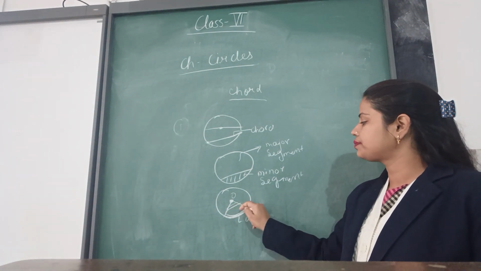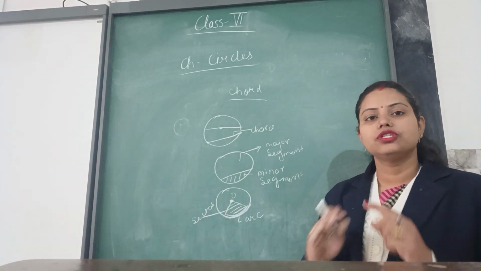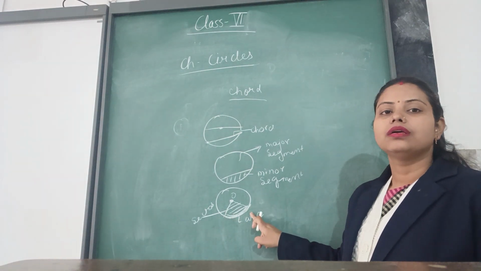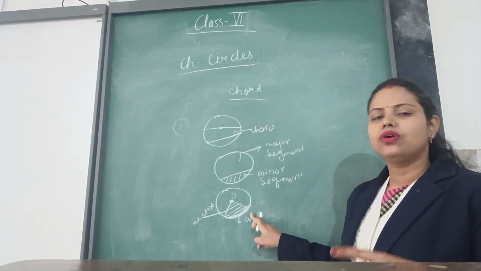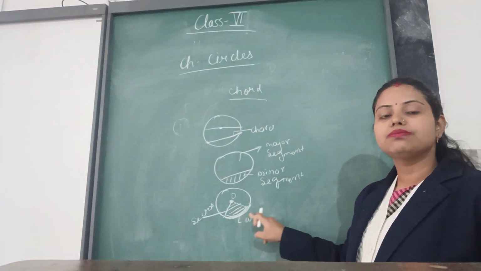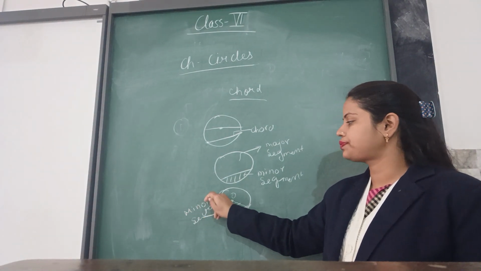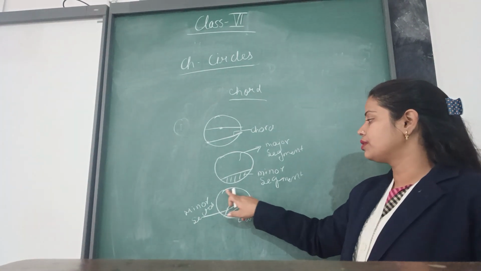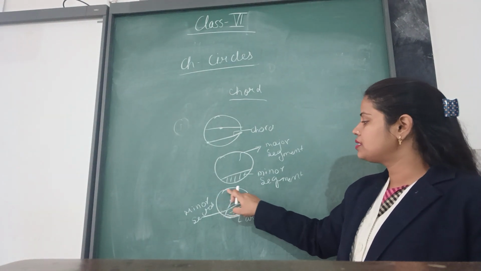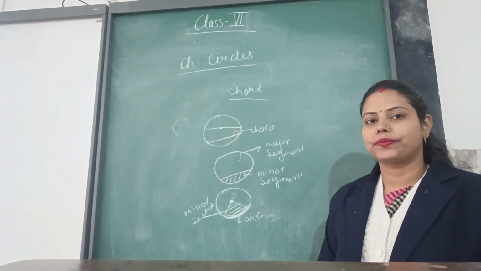Now this is sector. The region which is bounded from the two sides by radius, and the third side by the minor arc or major arc, will be called as a sector. Since it is bounded by the smaller arc, this sector will be called as minor sector. The remaining portion, bounded again by the two sides of radius and the third side by the major arc, will be called the major sector.